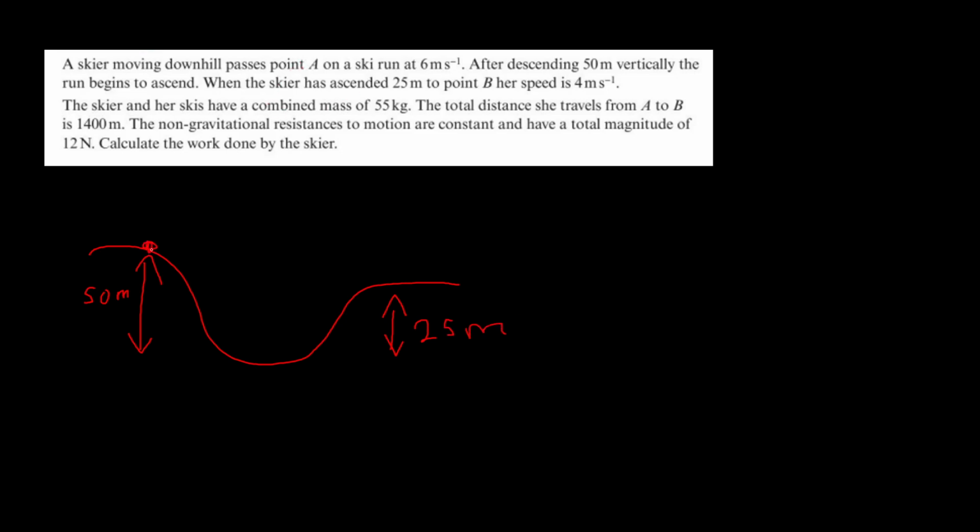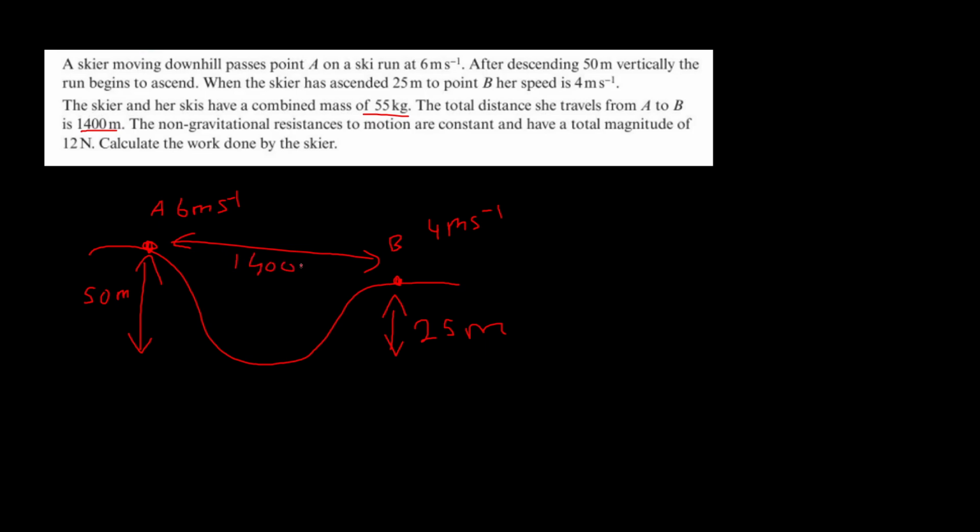And they start at point A, at a speed of 6 meters per second, and then they end at point B, at a speed of 4 meters per second. Right, and so we know the mass and the distance from A to B is 1,400 meters.